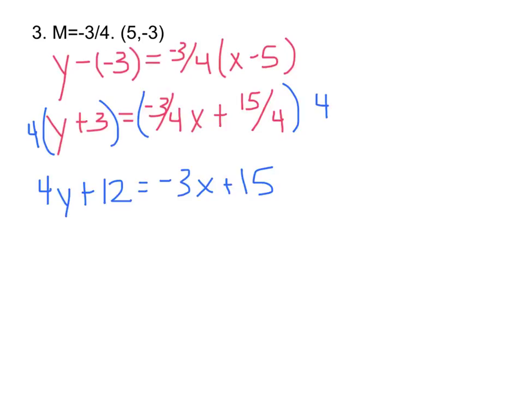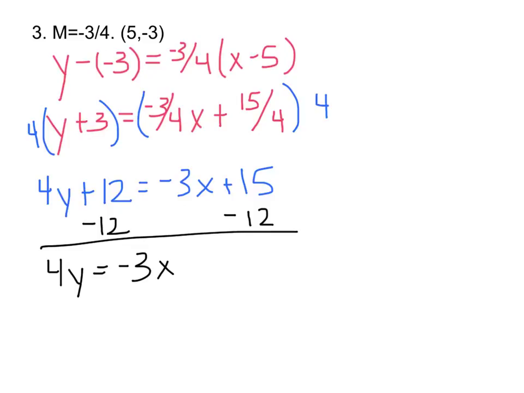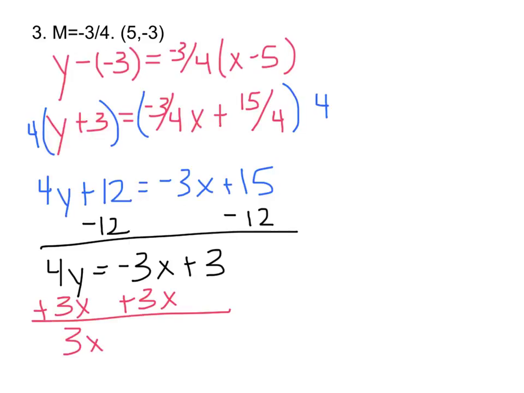Now we can combine like terms. Minus 12, 4y equals -3x plus 3. Then we can add 3x. And that gives you 3x plus 4y equals 3.